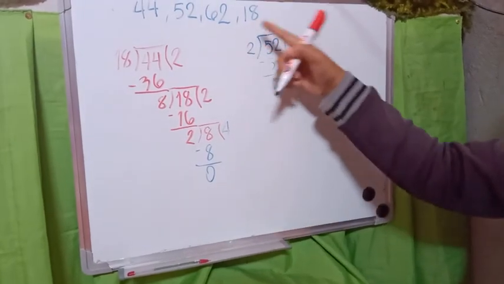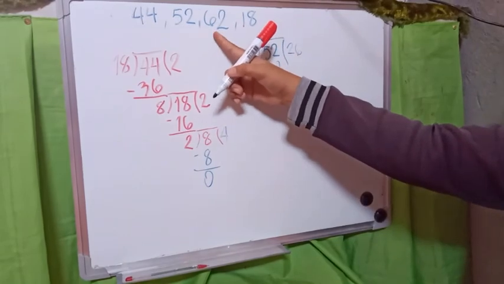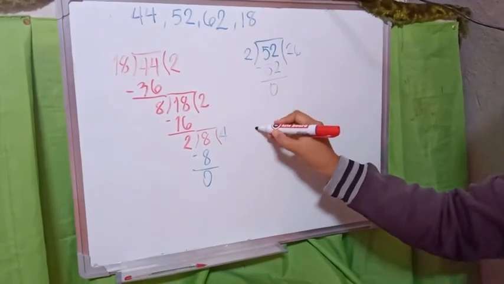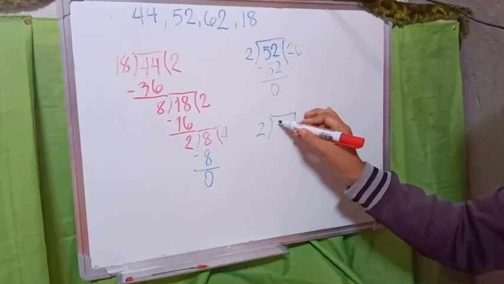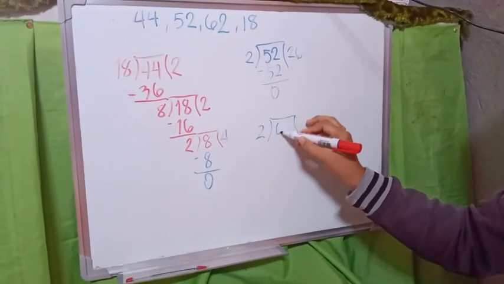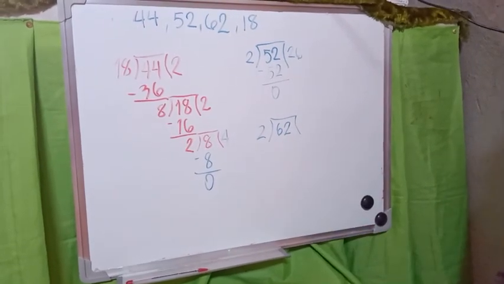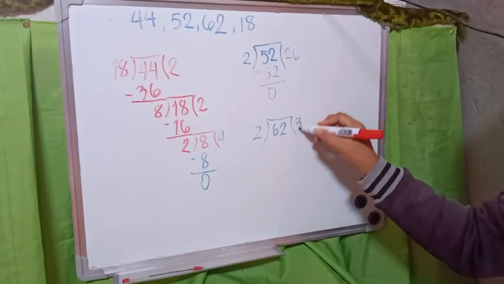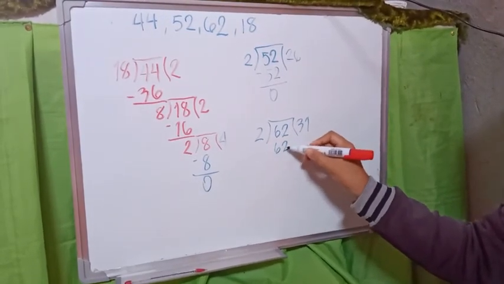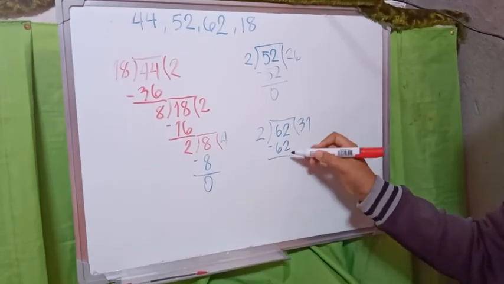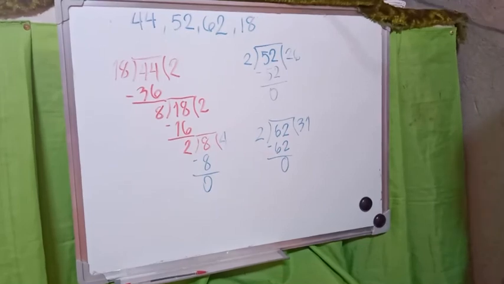Our divisor still is 2. So we need to divide 62 by 2 using our continuous division. Okay, 62 divided by 2, that is 31. So 31 times 2, it's 62. We need to subtract this one. We got 0. So what is your last divisor that we used?